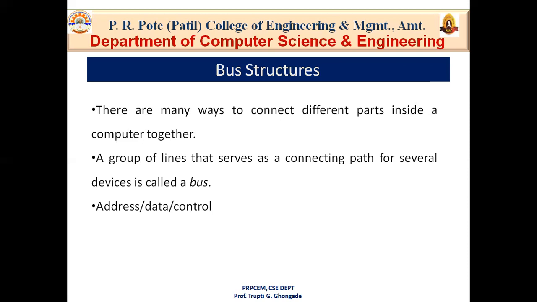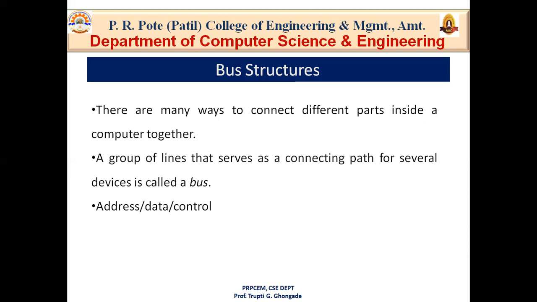The collection of paths connecting these components is called the interconnection structure. So the path that connects your control unit, memory unit, input unit, and output unit is called the interconnection structure. The group of wires, or group of lines, that serve as a connecting path for several devices is called a bus.